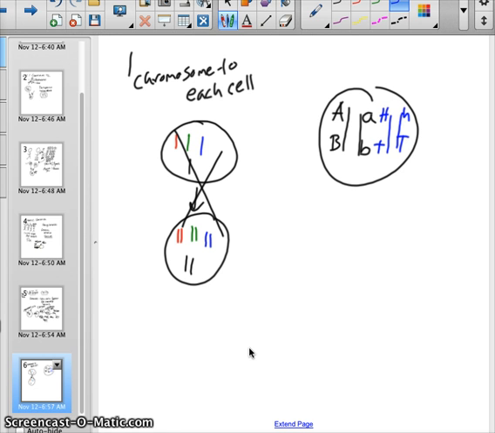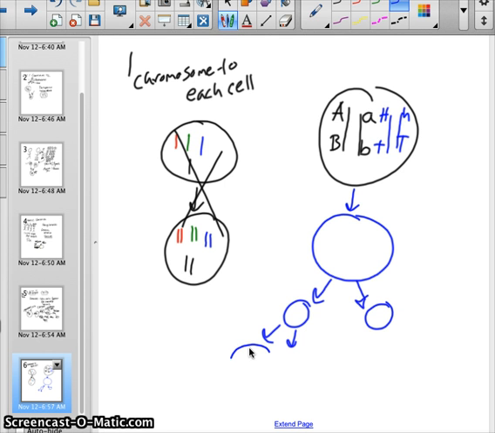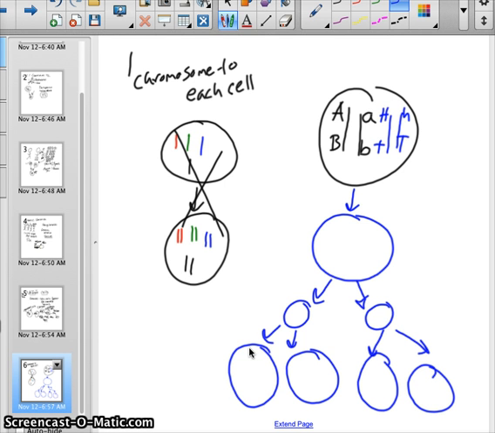Alright, so we go through and we copy our chromosomes, and then we divide once, and then we divide again. So now I'm just going to show you the final products because that's the most important. Actually, we'll do the doubles first.